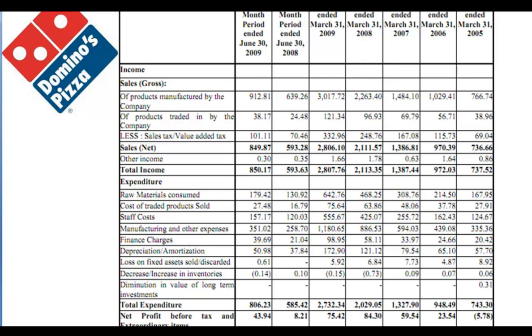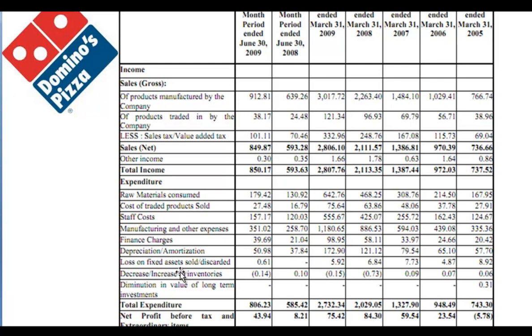And let's see if there's some other item here we should be looking at. There is inventories. So what that means is, apart from the ingredients that go into the cost of goods sold to make the pizza, they also have probably 1 week supply of cheese, 2 week supply of olive oil. They increase their inventories every time stock goes down somewhere else.